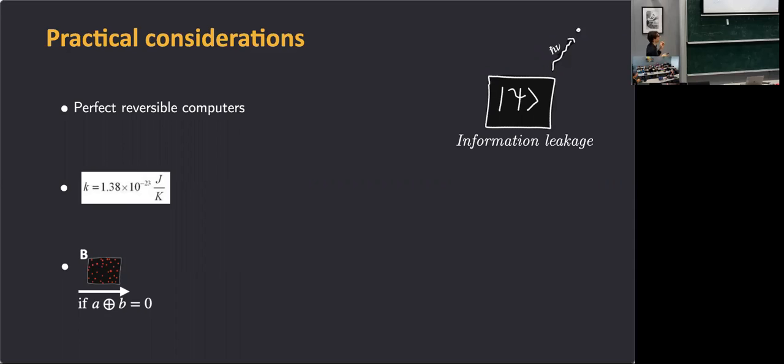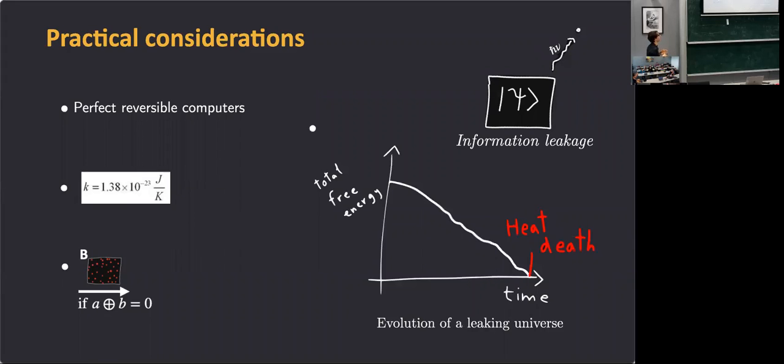And with increasing time in this model, the total free energy of the universe will go down and down and down, until the heat death. And in a way, we could say that this is practical cryptography for pre-heat death.